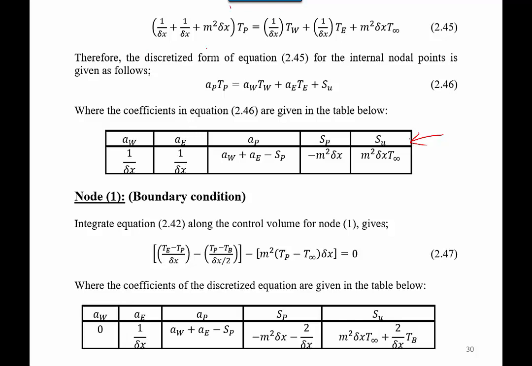Therefore A west equals 1 over delta x, and A east is given as 1 over delta x, and the same equation for calculating A P, and SP equals, as we said, minus m square delta x, and SU, the last parameter here, is m square delta x multiplied by T infinity.